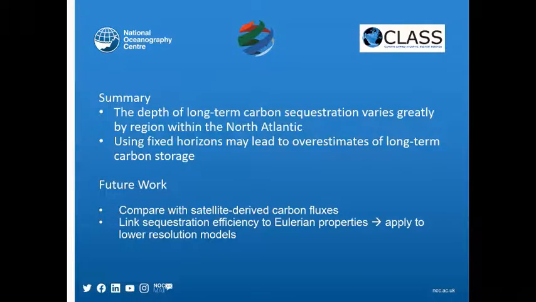Some future work is to compare this to satellite-derived carbon fluxes, just to provide another estimate that's based on observations, and also to make some attempt, maybe rather ambitiously, to link sequestration efficiency to Eulerian properties, as this, if it works, would allow application to lower resolution models. So that's me done. Thank you for letting me continue afterwards.